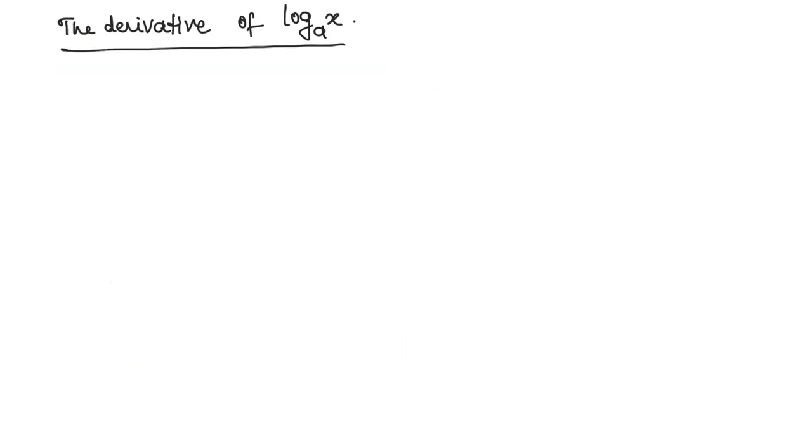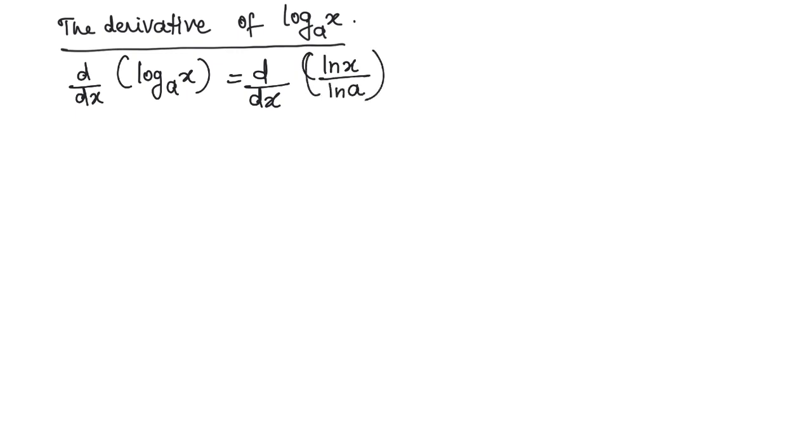Let's find the derivative of log function with any other base other than e. So first we will apply the change of base formula. So we can rewrite this as ln of x over ln of a. Ln of a is a constant.